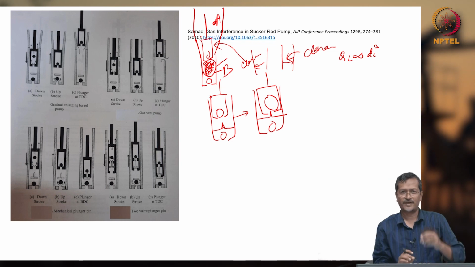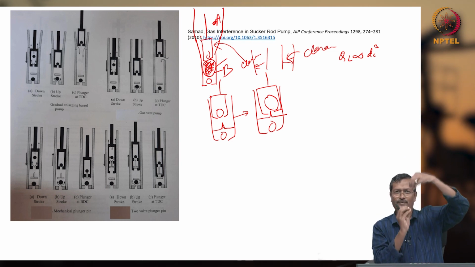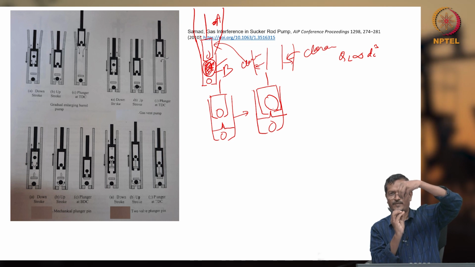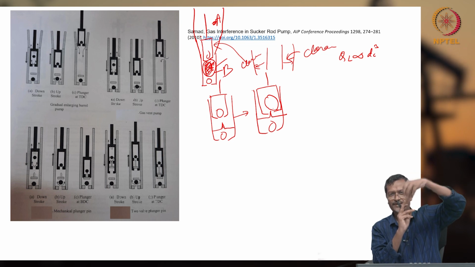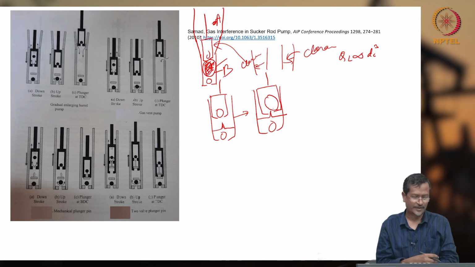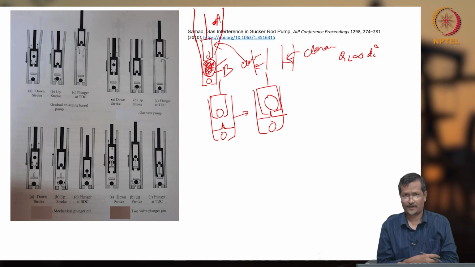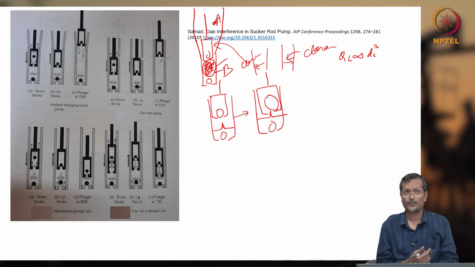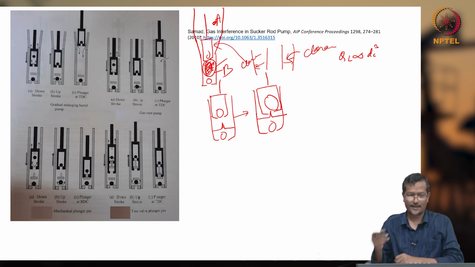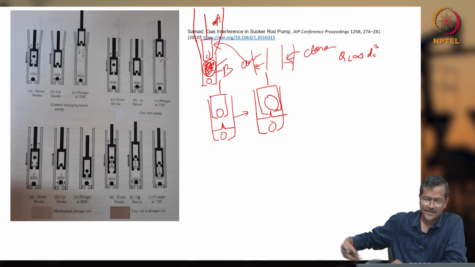So every stroke, when the plunger comes near the bottom, there is unseating of the ball every time. Every time a small amount of liquid will also leak out, but gas will go out. So they call it the mechanical plunger pin. Every stroke we are doing this, so gas will not get accumulated, they are saying. This is one technique. Another technique is the gas vent pump.